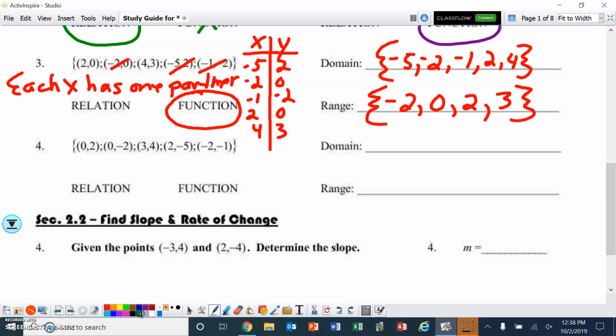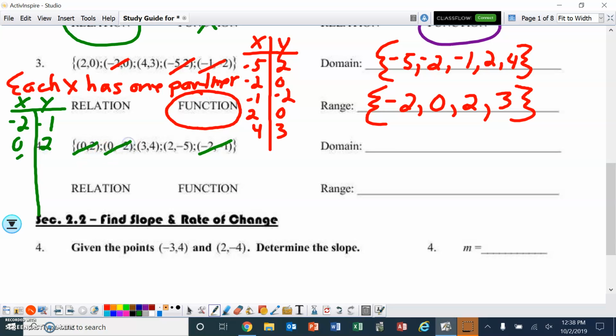Number 4. Again, I'm going to make a table of values. And I've got my x and my y. All right, so let's see. It looks like we've got, again, I'm going to go in order. So I've got -2, -1. I have 0, 2.